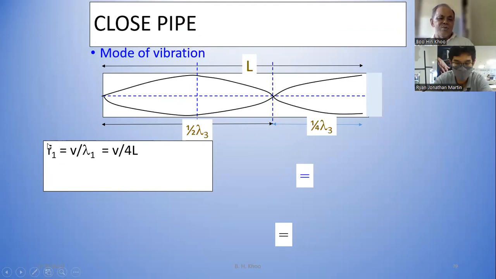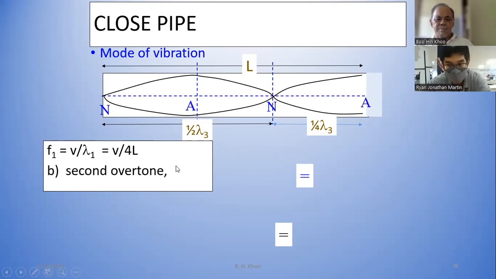So just now earlier we have our F1 is V over lambda 1. That's your F1 we got earlier.